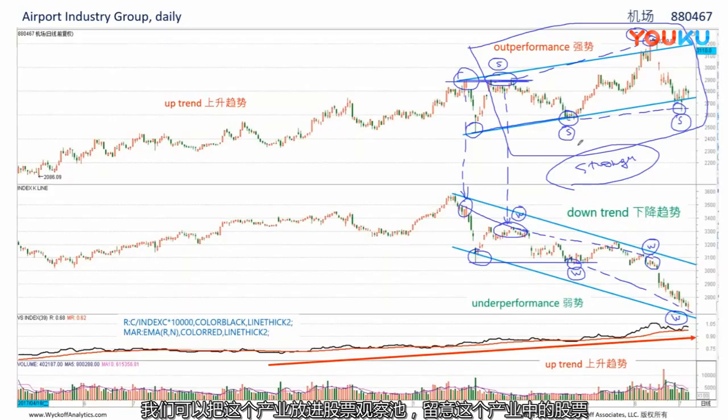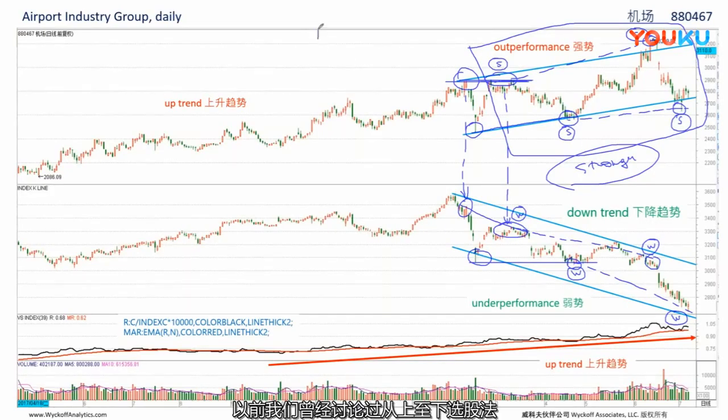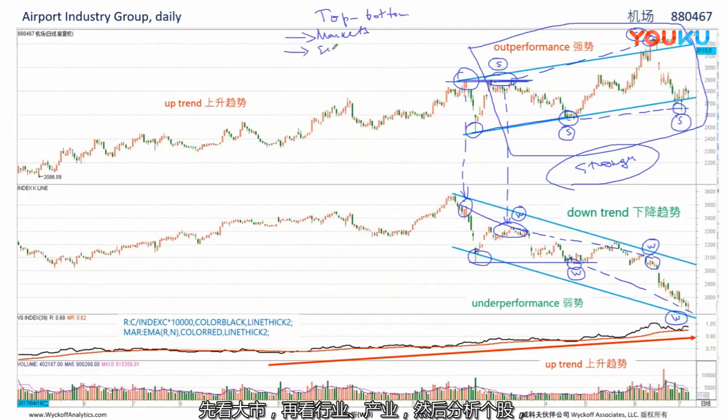We want to look through the stocks. We did this last time. We looked at the markets, and we are talking about the top-down approach. We looked at the markets, then we looked at the sectors, then we are looking at the industry groups.